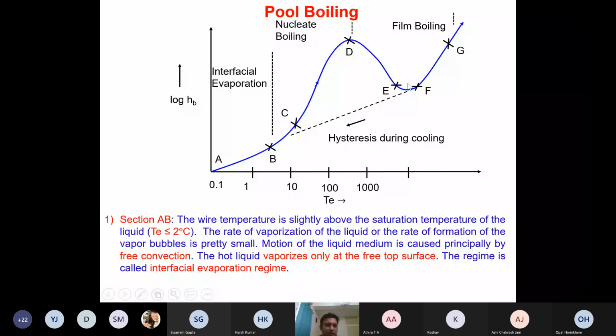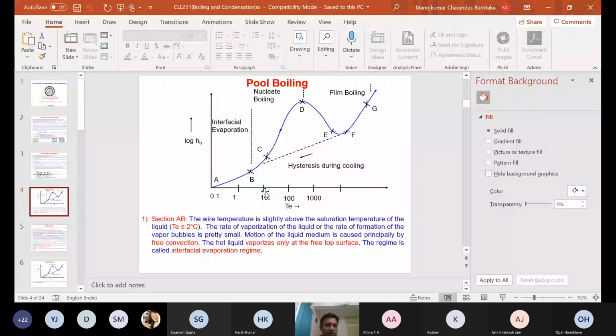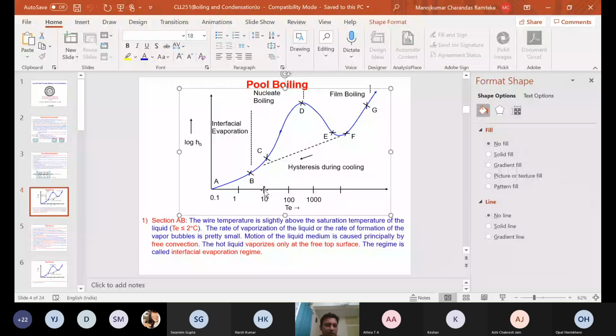Again, I will just move this point, because these points I will slightly move in order to give the correct information.